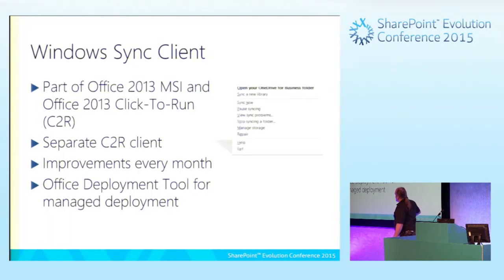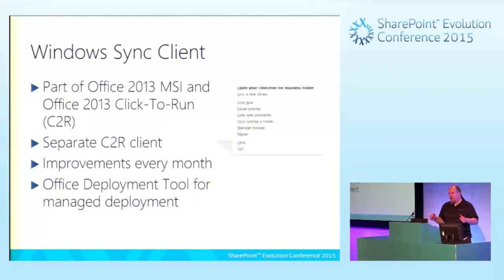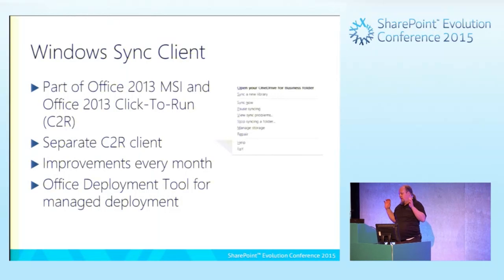It is installed as part of the normal Office 2013 MSI or the Office 2013 click-to-run client. If you have an older Office version deployed, you can deploy just the sync client if you want. So you can have an Office 2010 environment, but with a 2013 sync client.